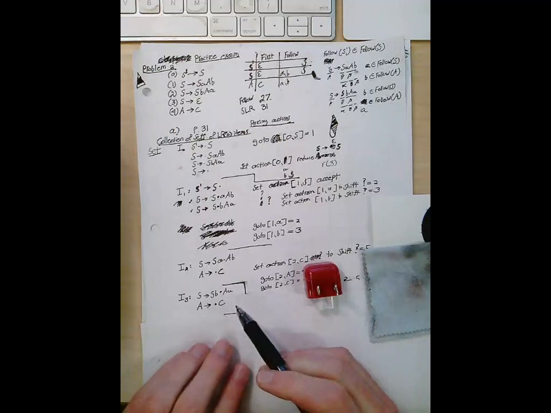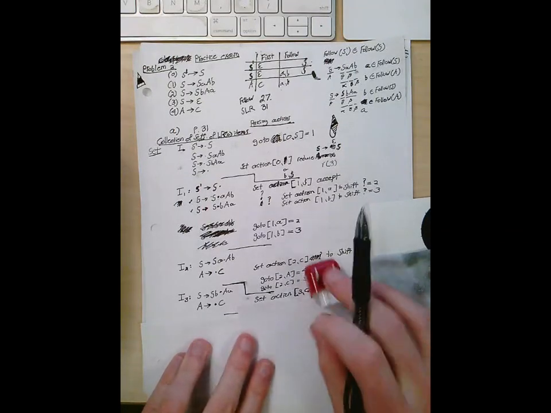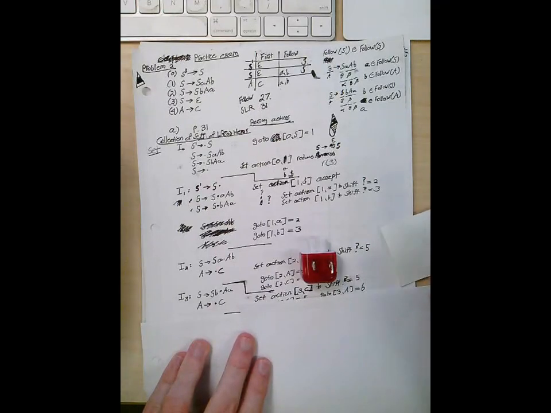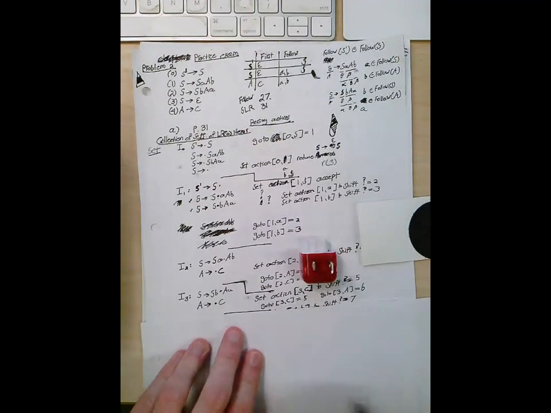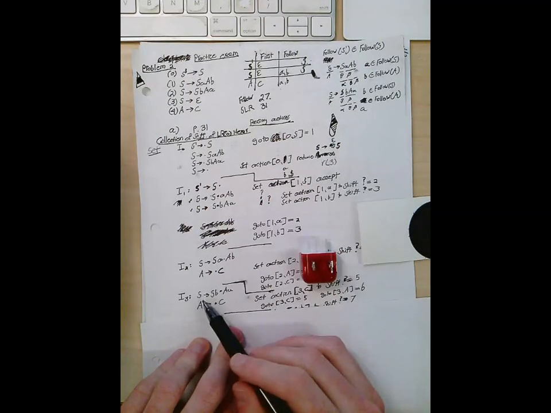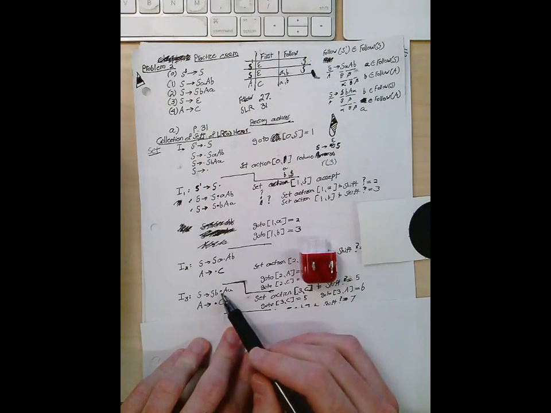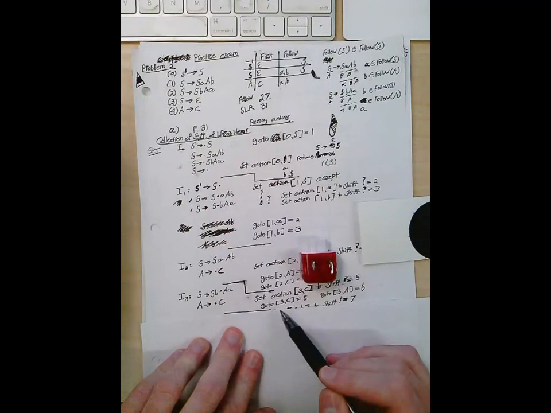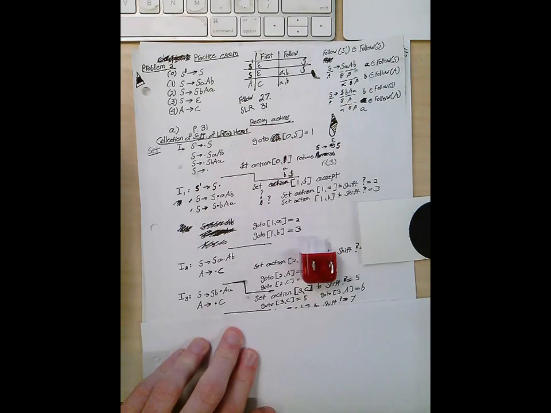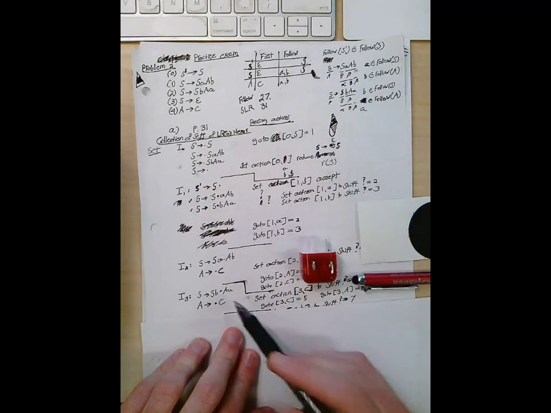And then also we're going to look and we're going to see what actions we can analyze from this. So one action we can analyze is that we have S going to S B dot capital A. Well, I did this one first because it's easier. So here's A going to dot C, and we don't know where this is going to yet.